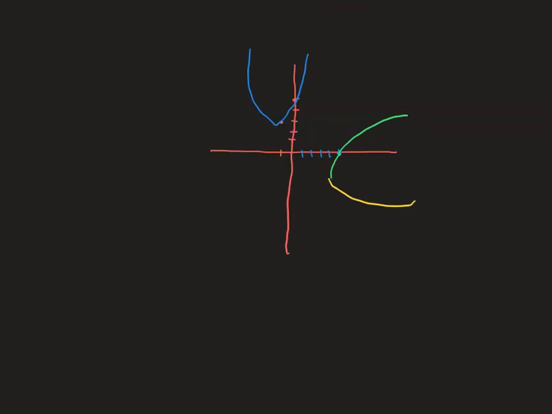So how you have to make this into a function is by doing something called restricting the domain. Now, obviously, if I looked at both sides together, it's not going to be a function. So what you're going to have to do is pick one of the branches.